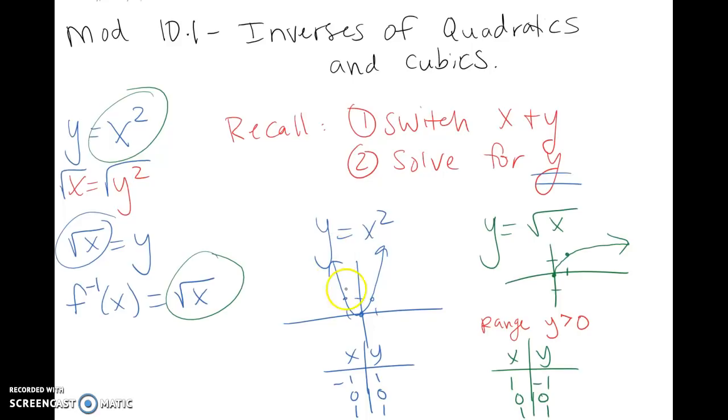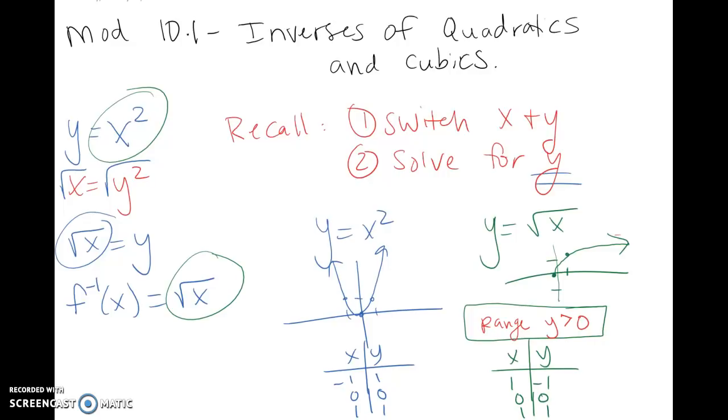So when we talk about the inverse of a quadratic, because we're looking for the inverse function, we have to include that the range is only greater than 0 so that it remains a function. So now it passes this vertical line test in all spots. So it's now a function. Now, we won't be required to graph these in today's work, but I did want to draw your attention to that.